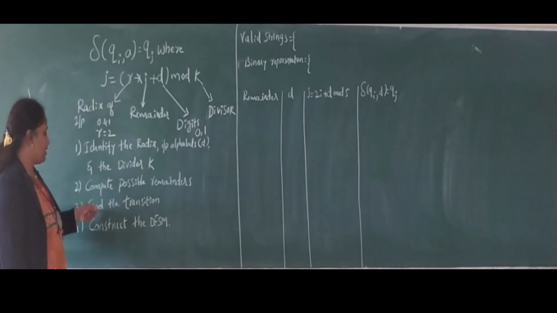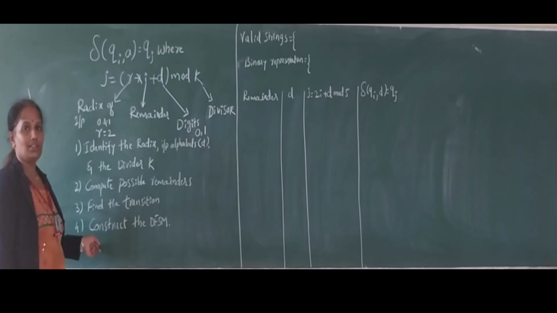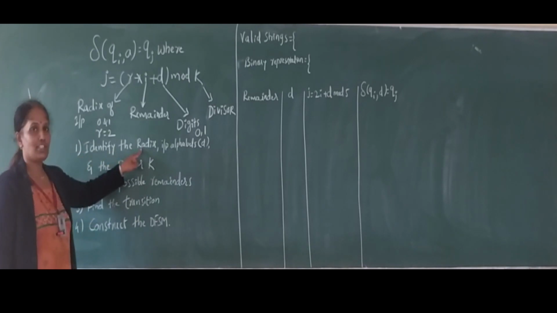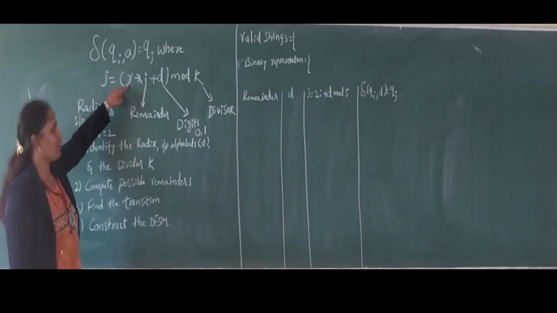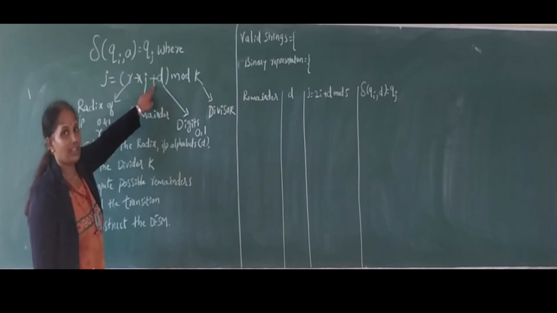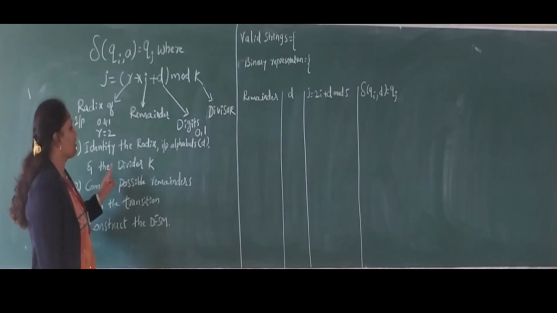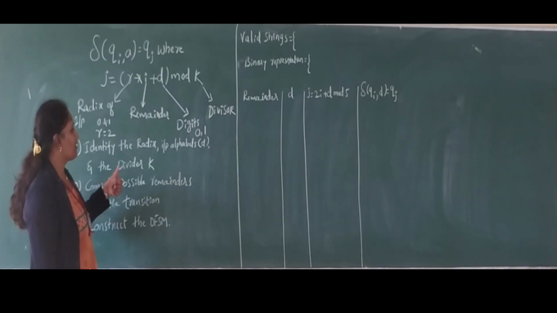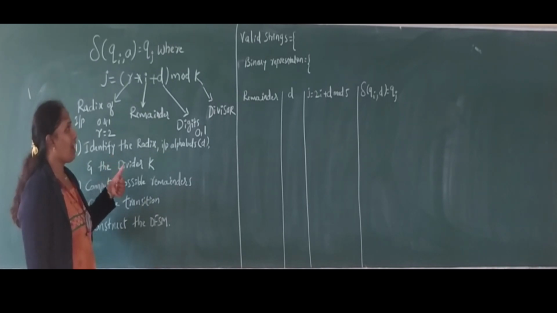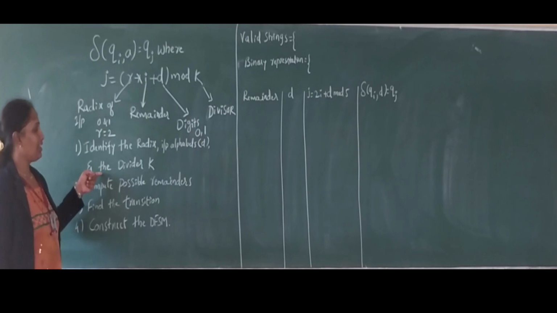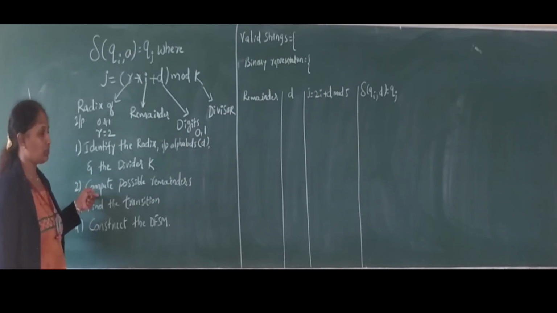So you are going to use these 4 steps to construct the DFSM. First step is to identify the radix value, so you identify the R value. Next, you recognize the alphabet, that is d here. Next, the divider, that is k. So in the first step, you recognize R, d and k values. After identifying R, d and k, you compute the possible remainders.